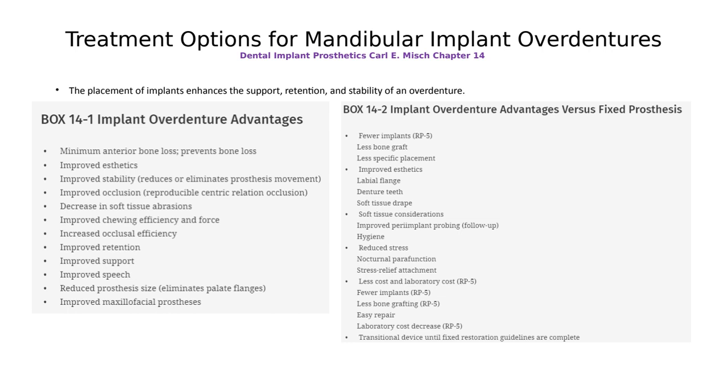Because our implant-retained overdenture is more stable and there is no movement, that eliminates or reduces the sores on the gum.